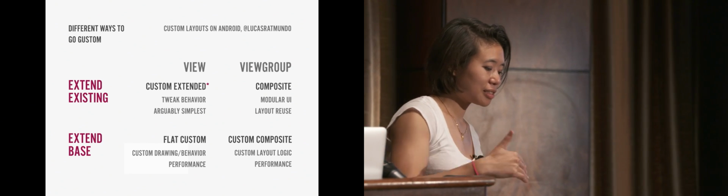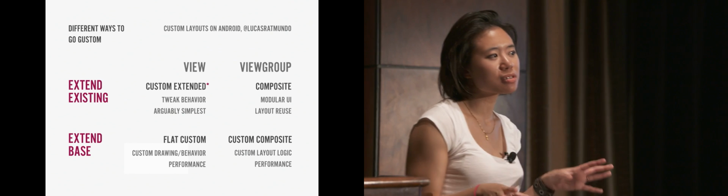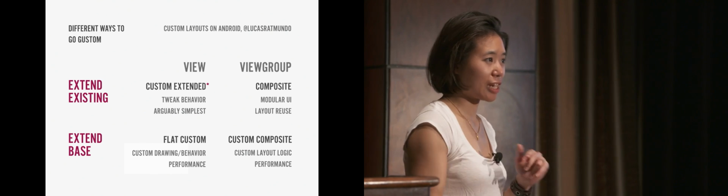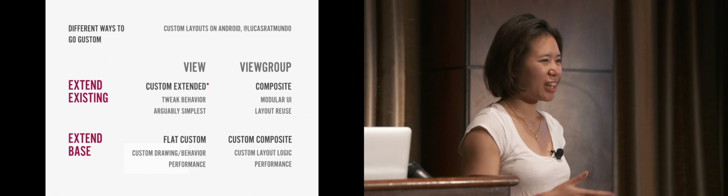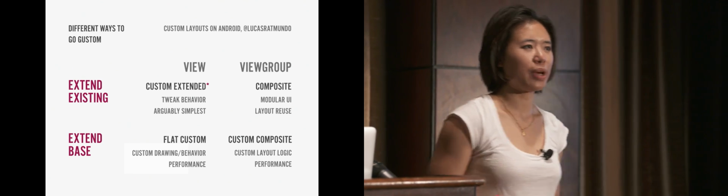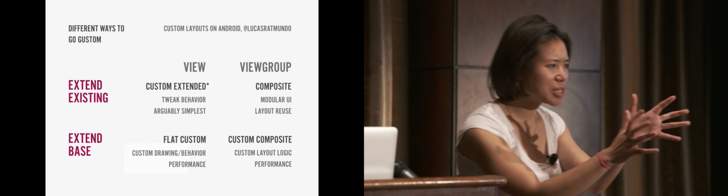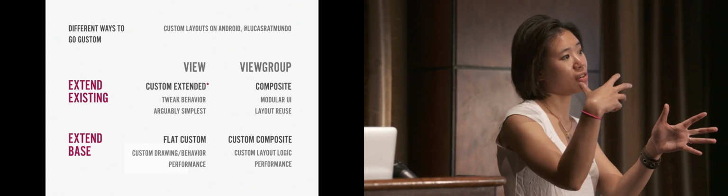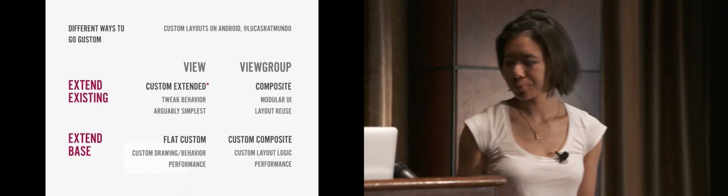And again, custom composite views can also be really good for performance. You might have heard that relative layout sometimes is not so good for performance because it actually does measure layout twice. If you are running into problems with that and you don't want to handle this double layout pass, what can I do? You can create a custom composite view group where you lay out everything very specifically and very efficiently and help out your performance that way.